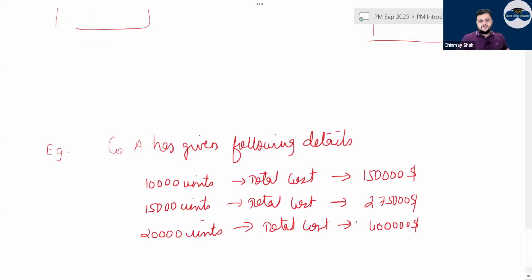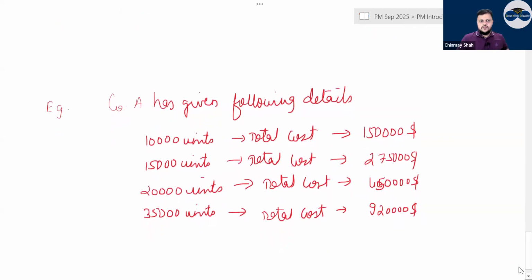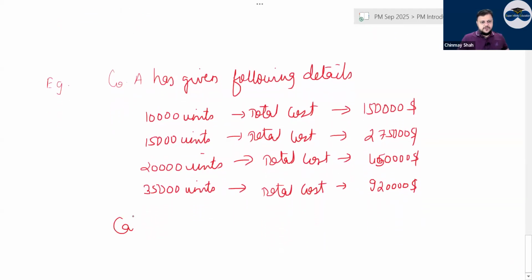Wait, take it for 50,000 and 35,000 units, total cost $920,000.